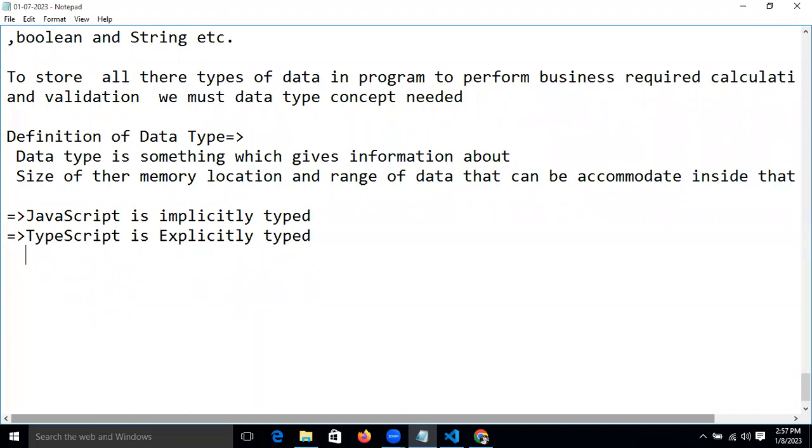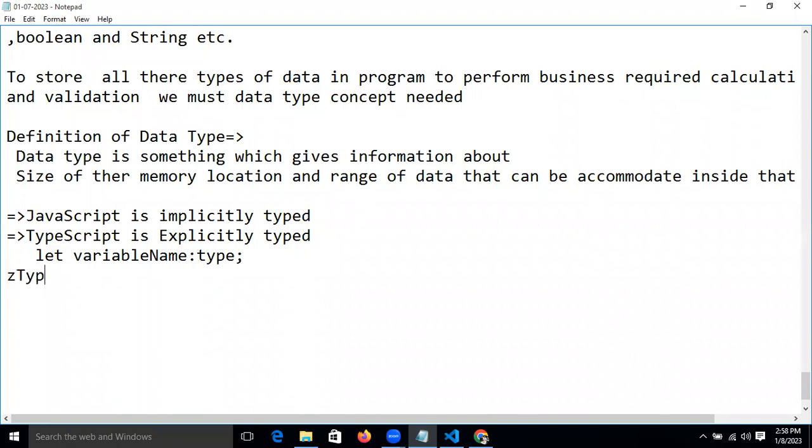So how do we declare a data type in TypeScript? We give the variable name, and after that we give the type. This is the syntax we need to follow. And what is the root of all data types in TypeScript?